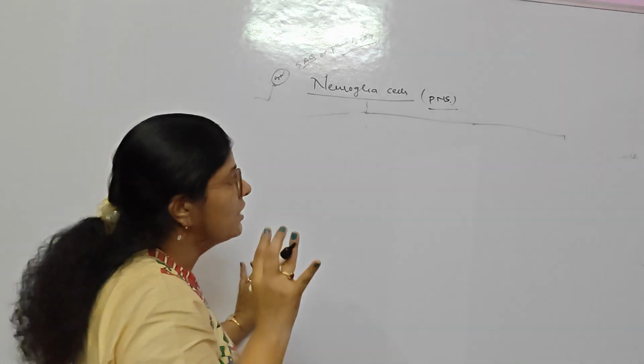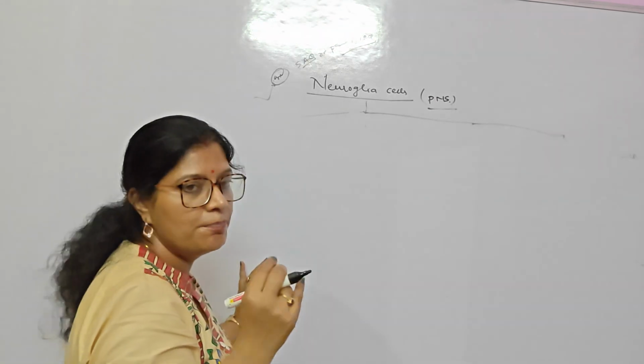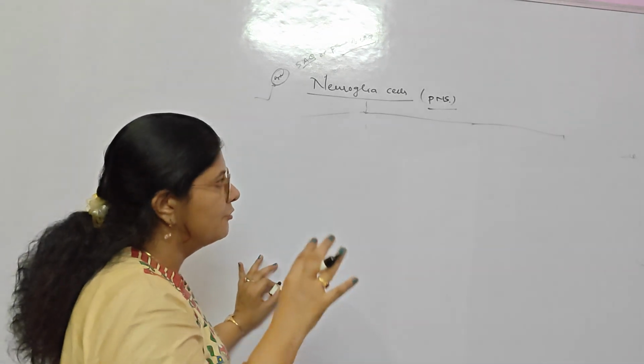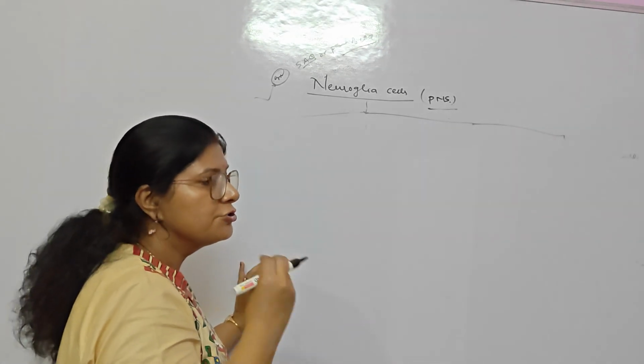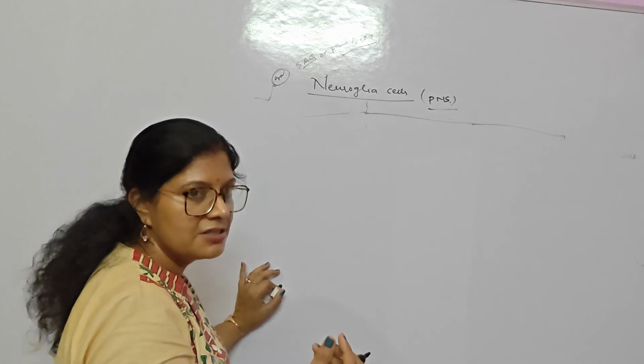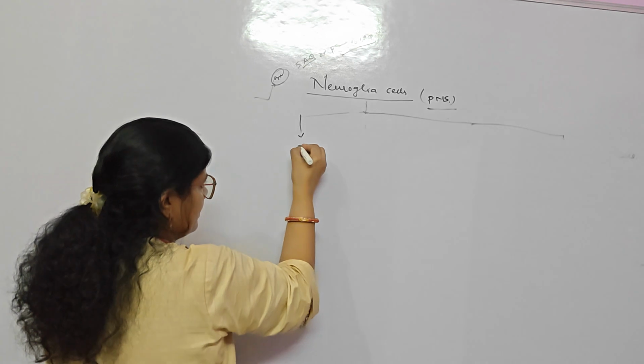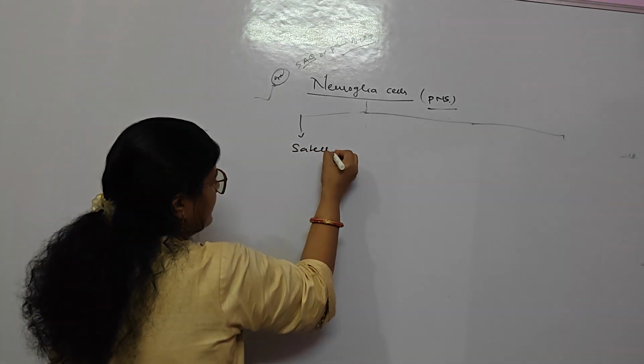As a student, you are not supposed to use the short forms PNS and CNS. I am just telling you for quickness, but in your exam you should say central nervous system or peripheral nervous system.